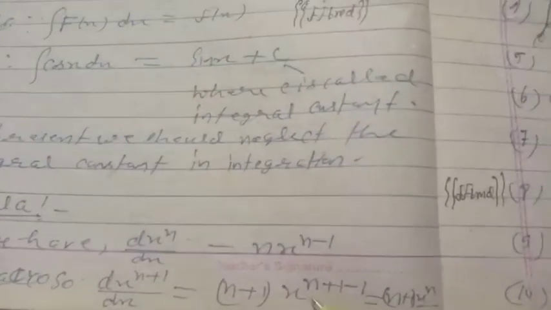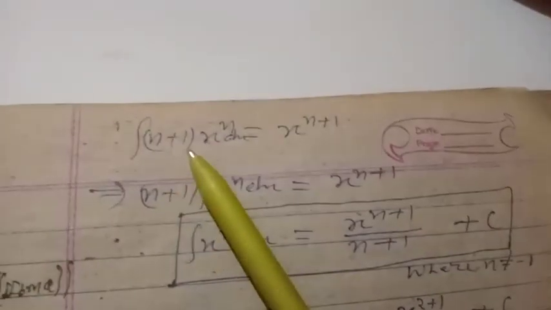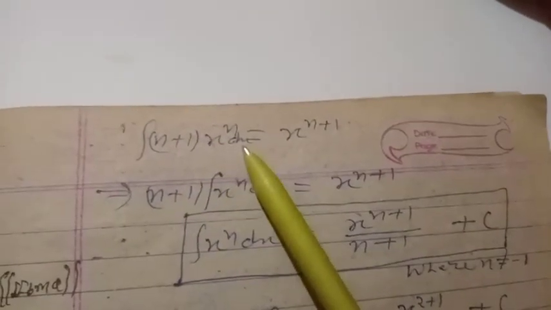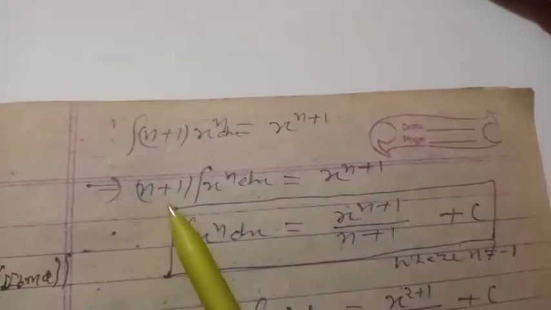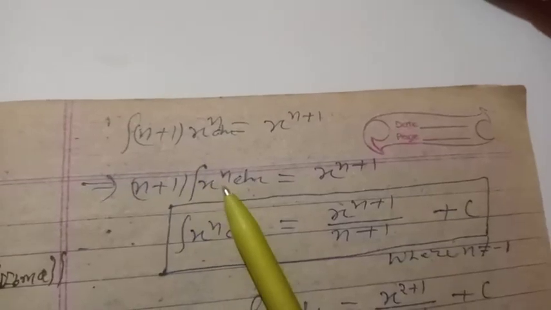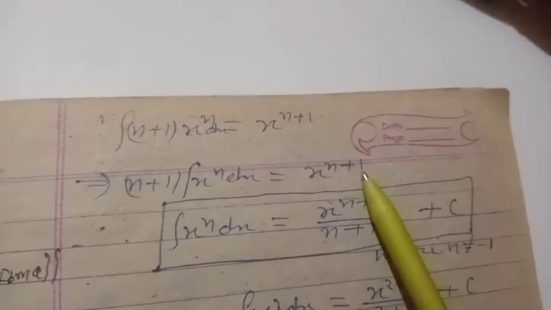So we can write d x to the power n plus 1 by dx equals n plus 1 into x to the power n plus 1 minus 1, equals n plus 1 into x to the power n. Hence integration of n plus 1 into x to the power n dx will be equal to x to the power n plus 1. This implies n plus 1 into integration of x to the power n dx equals x to the power n plus 1.